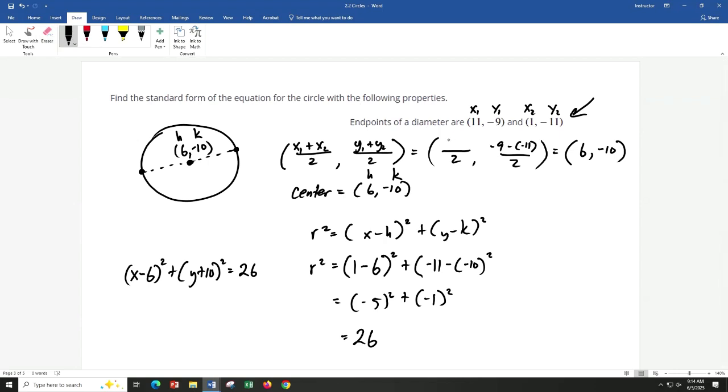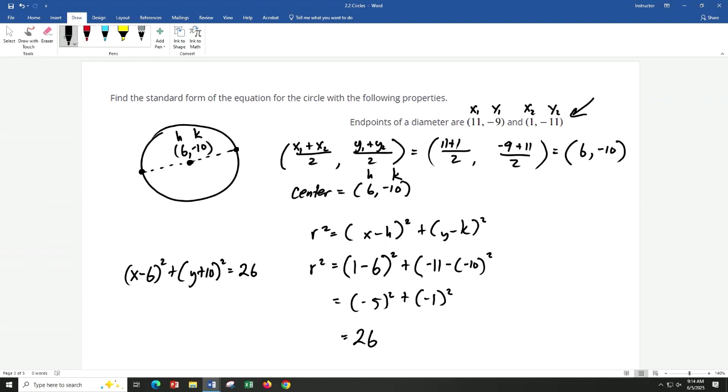X1 is going to end up being 11 plus 1. And then we got Y1. Y1 is going to be -9. We're going to change that to a plus 11, right? That ends up becoming, let's see, -9 plus 11, ends up being -11, was it?